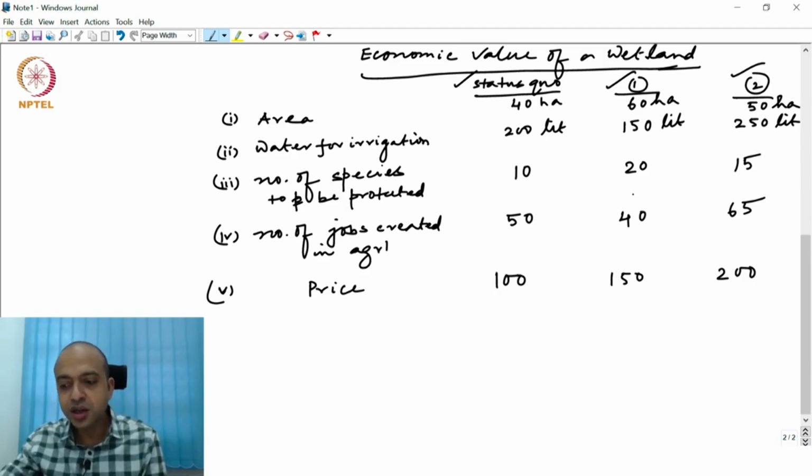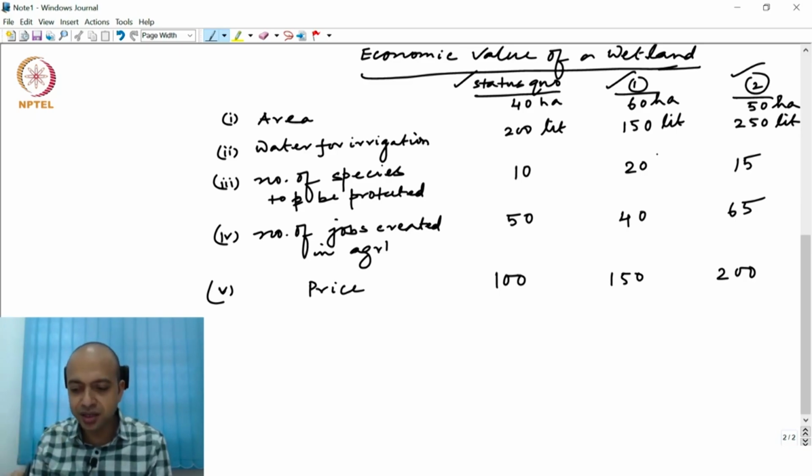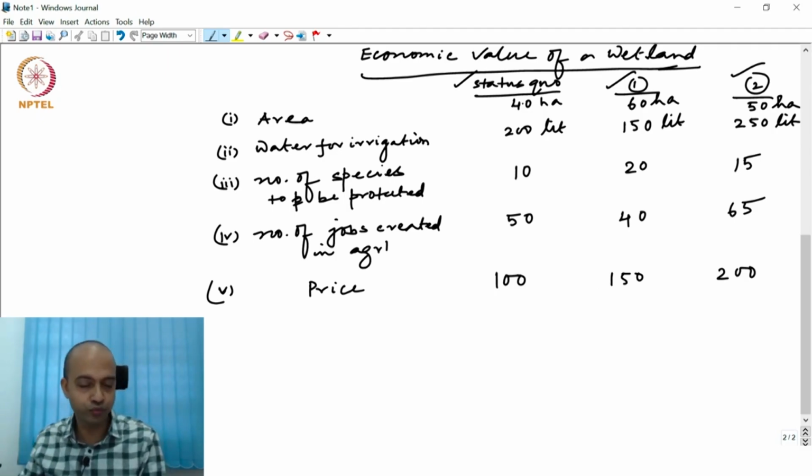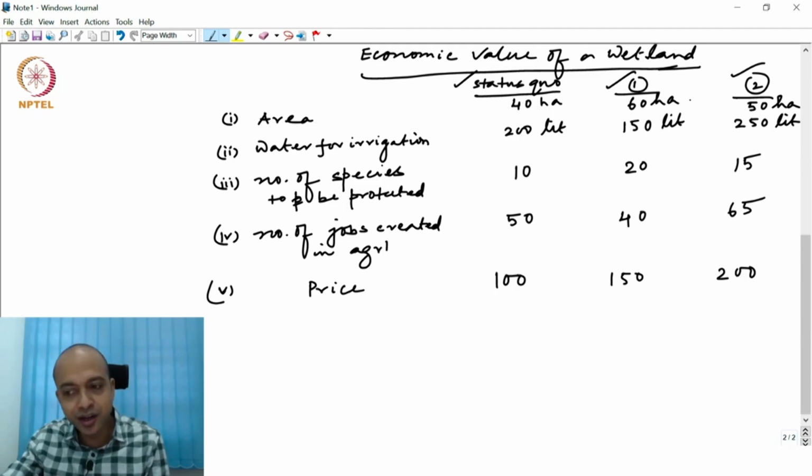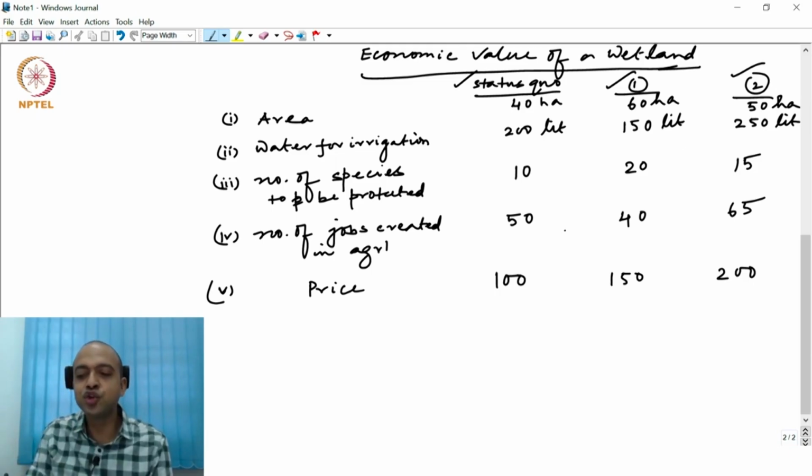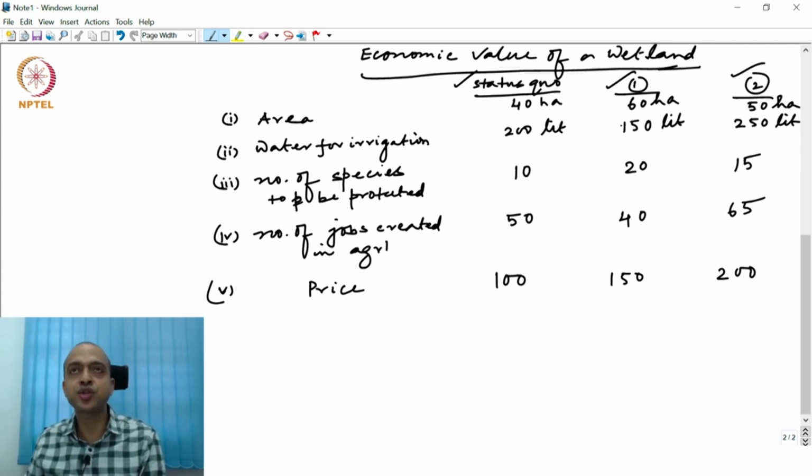The respondents are protecting more species, but the number of jobs created is going down, and water supply for irrigation is going down. So the respondents will think, does it make sense to pay 50 additional rupees as compared to the status quo to have 20 additional hectares in size and 10 additional species to be protected by sacrificing 10 jobs and 50 liters of water supply for irrigation.